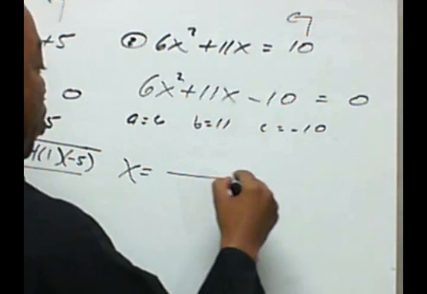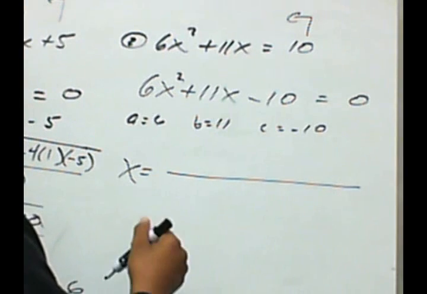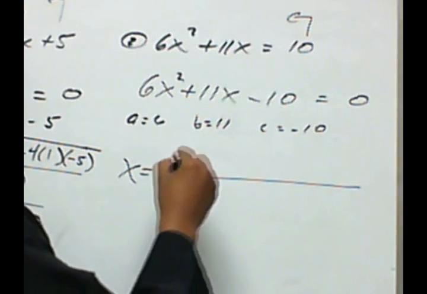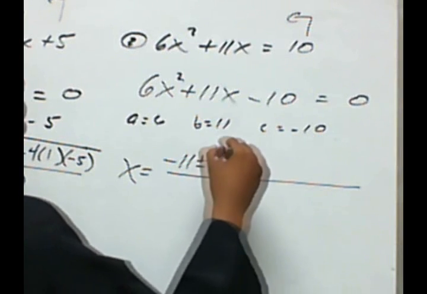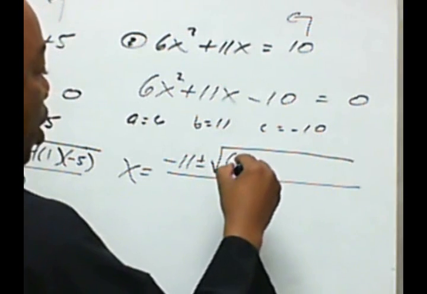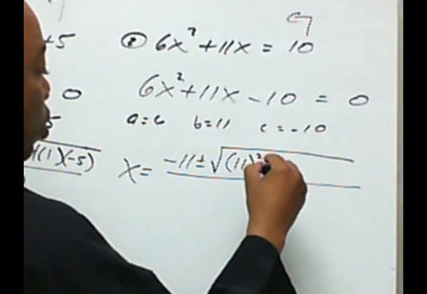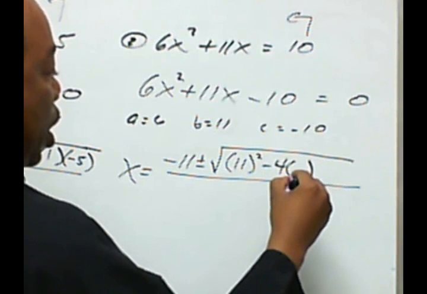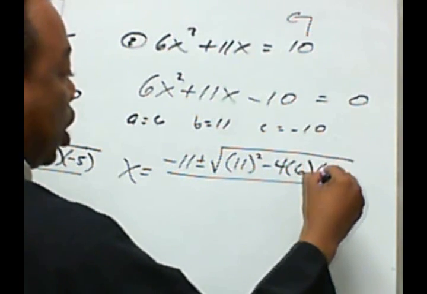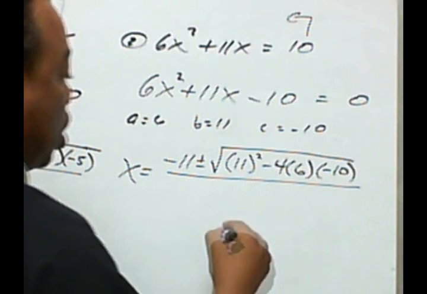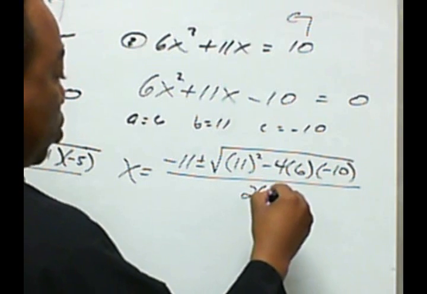Therefore, when I put this into the quadratic formula, I have the opposite of b, which is negative 11, plus or minus the square root, b in parentheses squared, minus 4, and then a in parentheses 6, and c in parentheses negative 10. Everything is over 2 times parentheses 6.